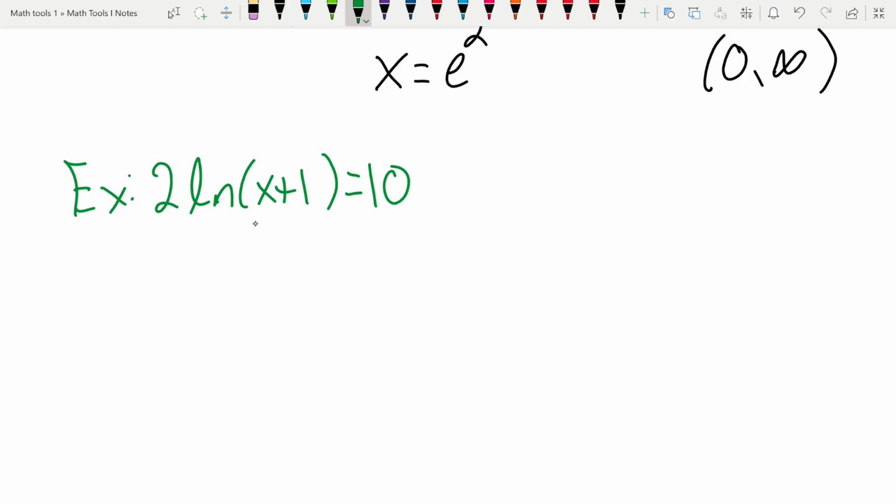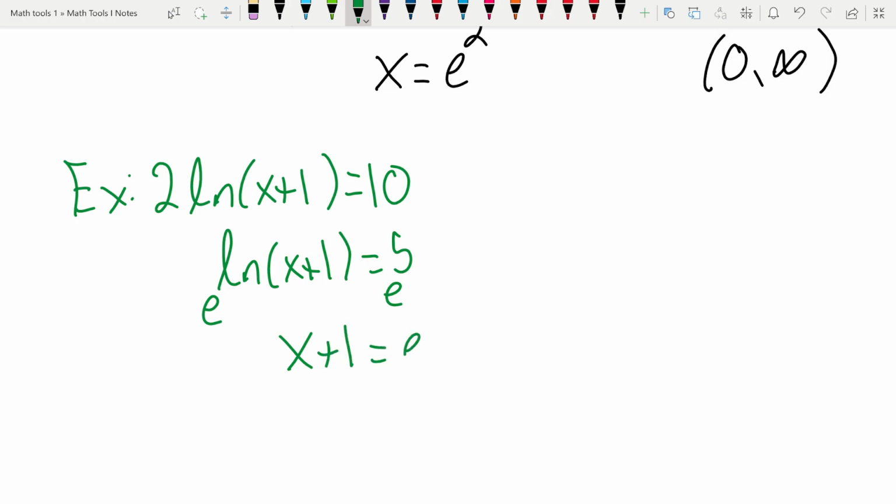We'll divide both sides by 2 to get the natural log by itself. Then we can exponentiate, or use the definition of a logarithm, to get x plus 1 equals e to the 5th. Then you have x equals e to the 5th minus 1. This definitely will satisfy the domain of the original problem. So nice and simple, not a whole lot to do there.